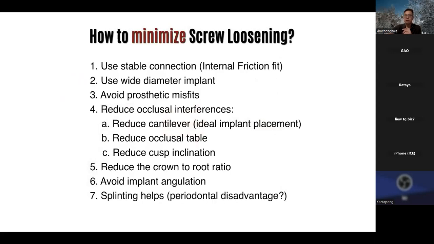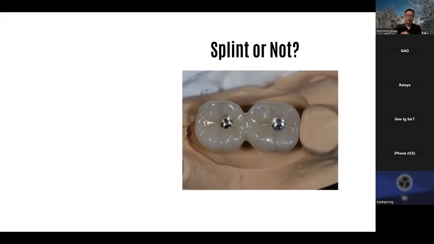The last thing, obviously, splinting absolutely helps, but is it still recommended these days? Probably not. So we all know we've been splinting these posterior implants especially a lot because splinting basically prohibits any rotational movements or any tipping or any eccentric movements of the prosthesis.